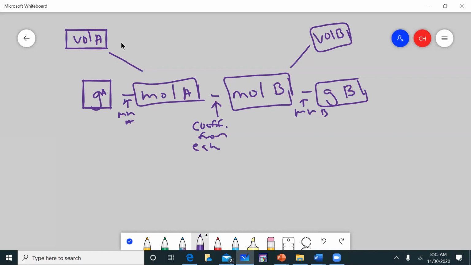I would have to use the molarity, specifically the molarity of A, okay? Here it would be the molarity of B.